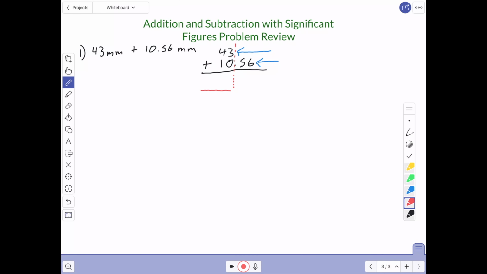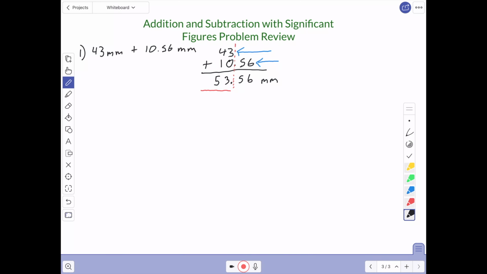Now we just do our addition as we normally would. So 6 plus 0 is 6, 5 plus 0 is 5, 3 plus 0 is 3, 4 plus 1 is 5. 53 dot, don't forget that we have a decimal point there, and this would be in millimeters. Now we know where to round. The 3 is where we're rounding.